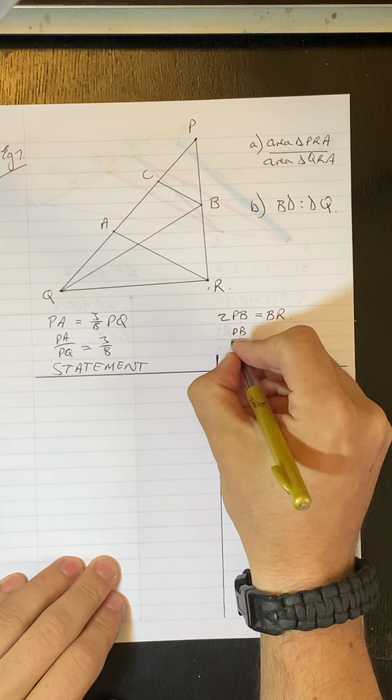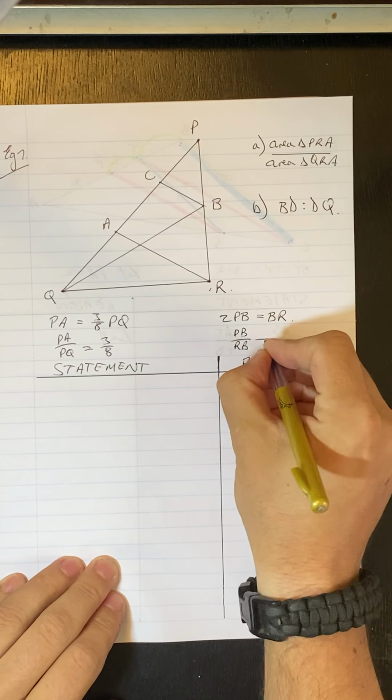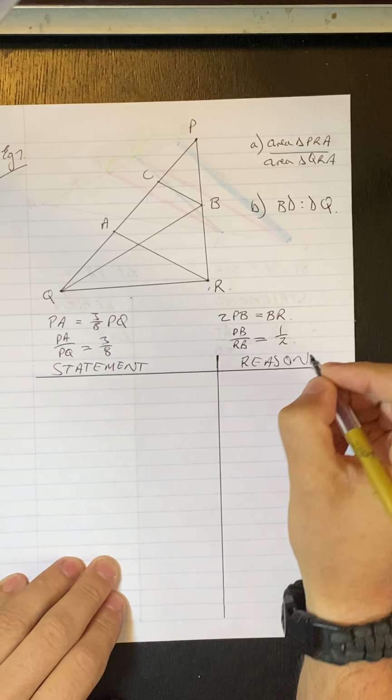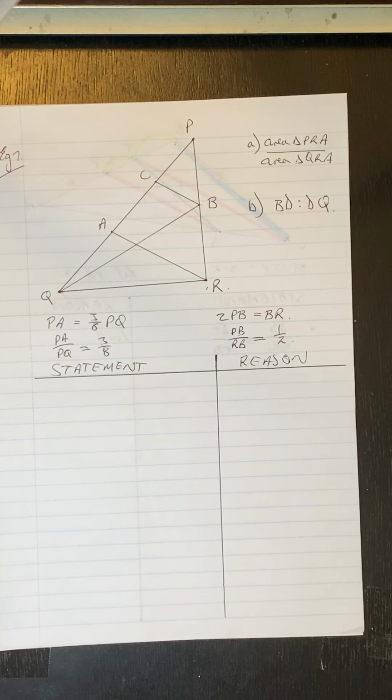So we get PB over BR is equal to 1 to 2. Okay, so let's start putting this information on our diagram here. So if I just get my highlighters, the first one I'm going to look at is this PA to PQ.